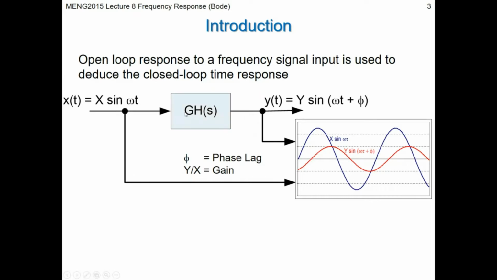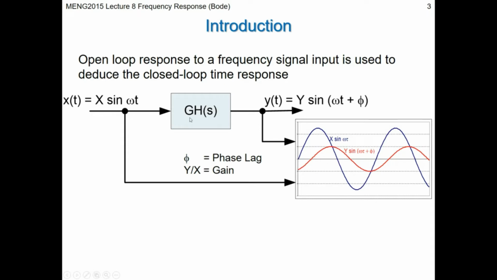So the system is doing something to reduce the amplitude of the output compared to the input, but it's also causing a phase lag. It might be about a 45-degree or up to 90-degree phase lag between our input and our output. You're seeing that phase lag right through.